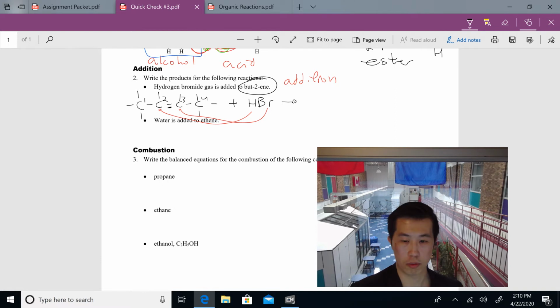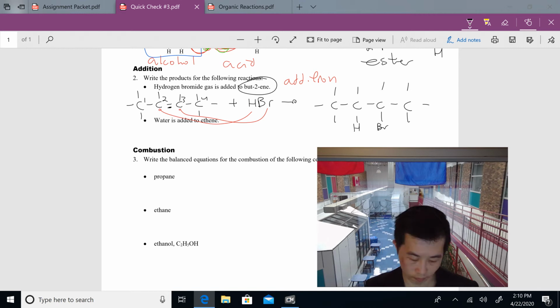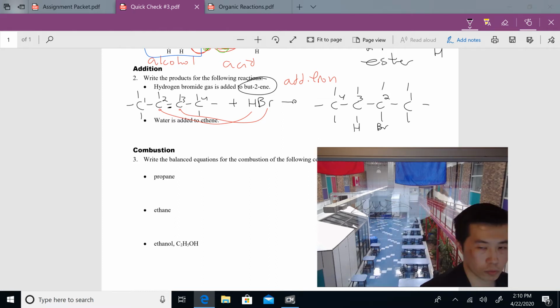So when that happens, what we're going to get is that. And so in this case, we have made the bromide to be at the 2 location, since we number the one closest to that bromide. Okay? So that is the product for that one. Okay?